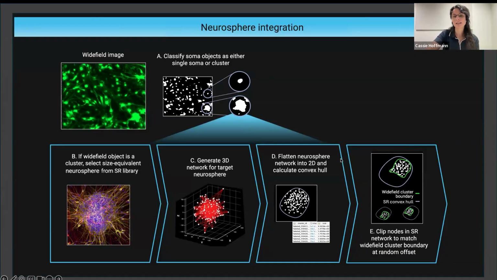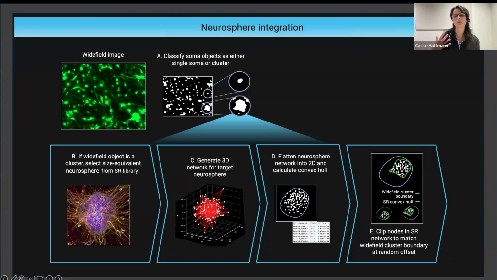And then the next step was to flatten this 3D network to 2D and calculate a convex hull. And then this is the embedding process. So the idea was to position the super resolution convex hull, which is in blue, over the cluster site in the wide field image, which is in green here. And that was actually done at a random spatial offset.